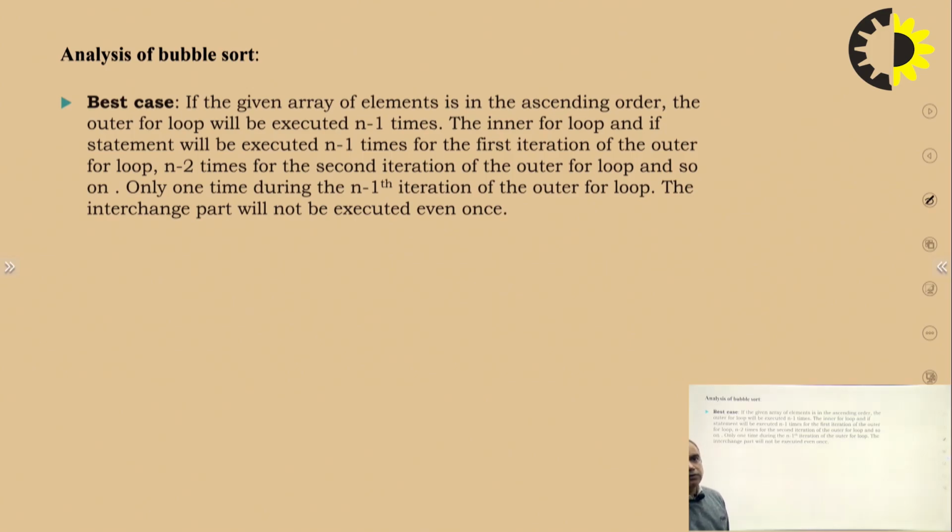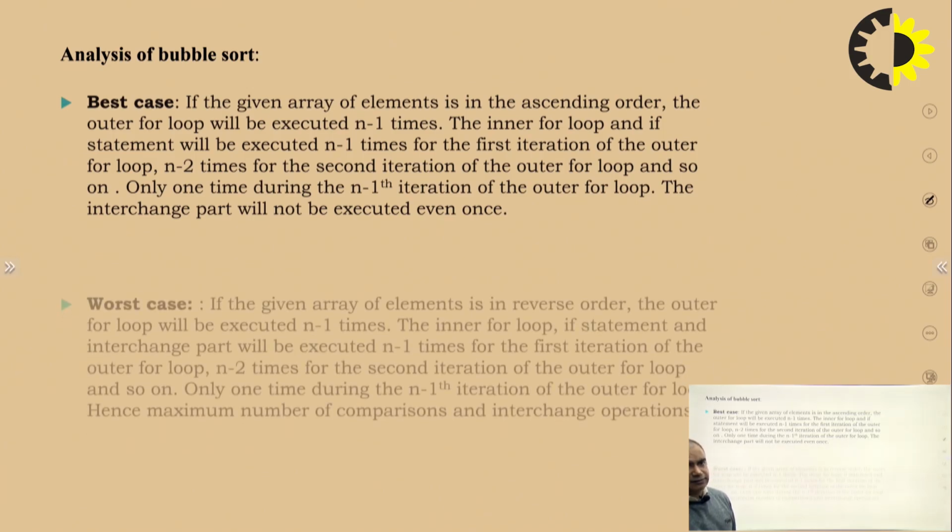The inner for loop and if statement will be executed n minus 1 times for the first iteration of the outer for loop, n minus 2 times for the second iteration, and so on, and one time during the n minus 1th iteration of the outer for loop. So the interchange part will not be executed even once.